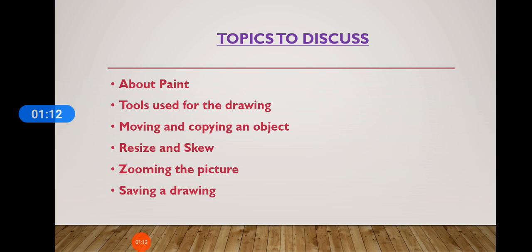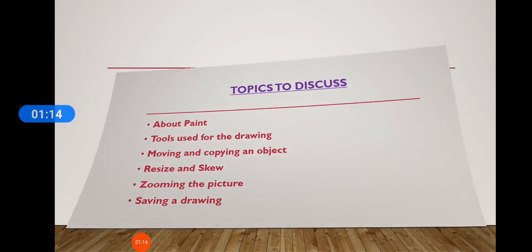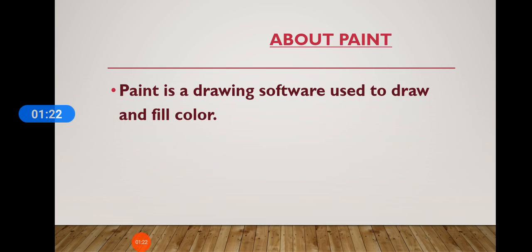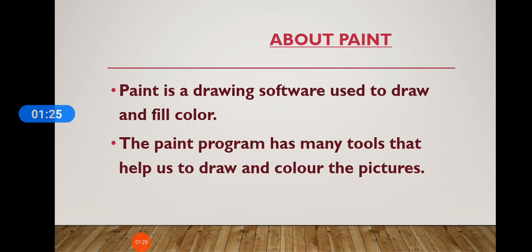So let's start. First, we will discuss the topic about paint. Paint is a drawing software used to draw and fill color. The paint program has many tools that help us to draw and color the pictures.